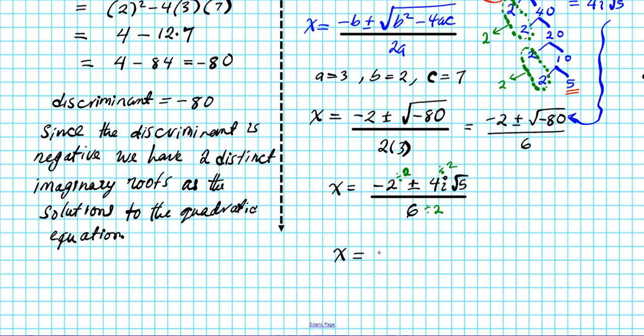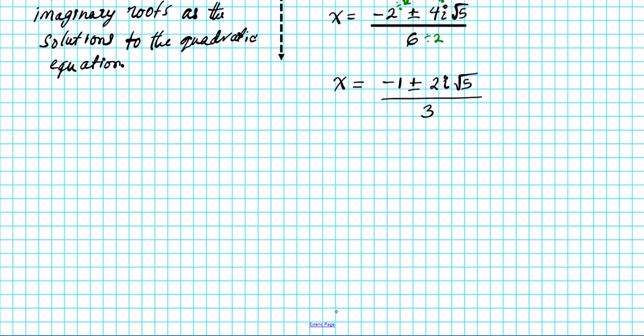So we're going to have negative 1 plus or minus 2i root 5 all over 3, since 4 divided by 2 is 2 and 6 divided by 2 is 3. Okay? So let's separate our two answers so you can see the two roots that we have.